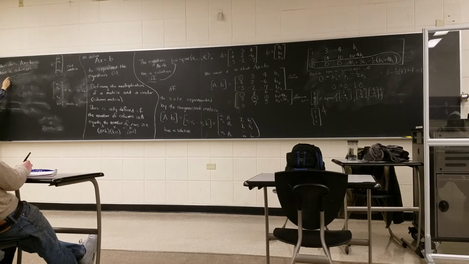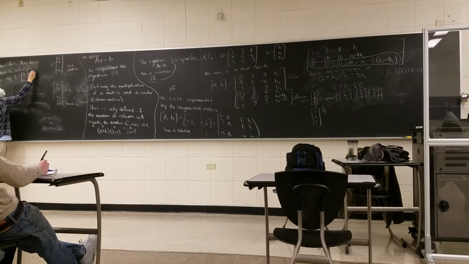When does AX equal B have a solution for any B, which is B1, B2, up to Bn, belonging to Rn? When is this the case?